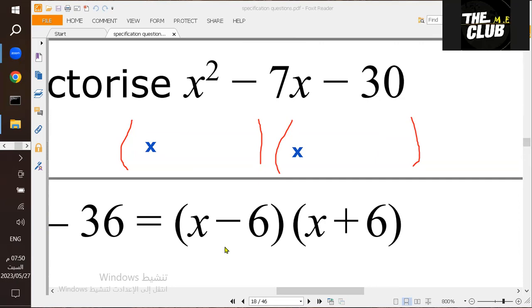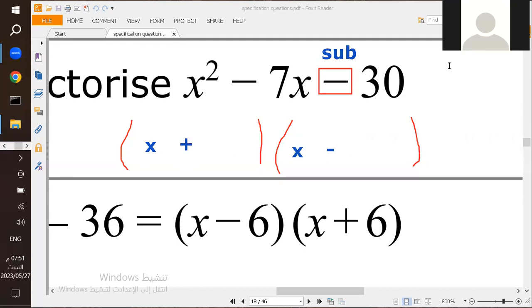For this step, focus with me. Because it is minus, it means we subtract, because it's subtraction the signs are different, one positive and one negative.